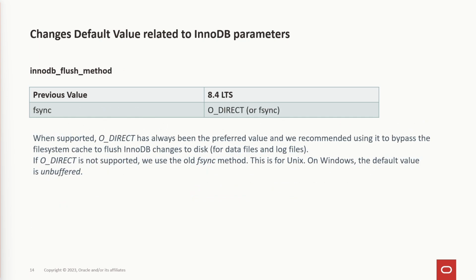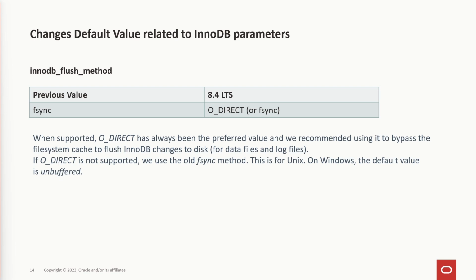And InnoDB flush method. Previously, fsync was the default, but in my experience, I have recommended O_DIRECT since MySQL 5.5. Some systems support O_DIRECT. We usually recommend to set O_DIRECT rather than fsync.